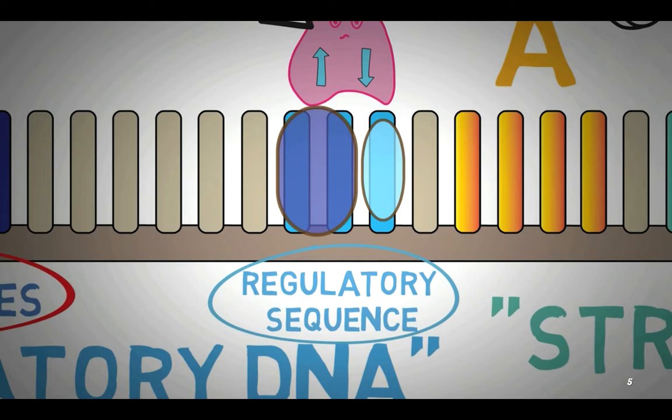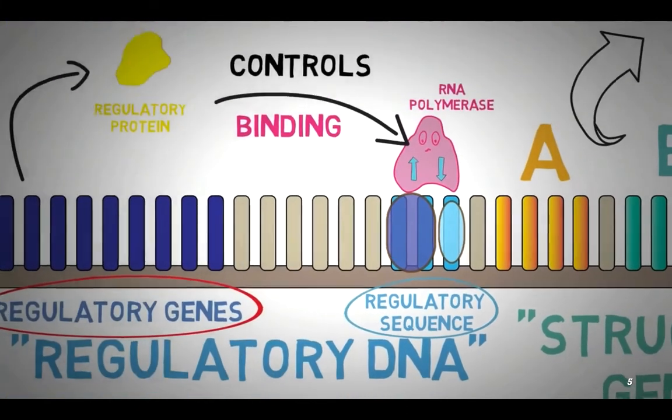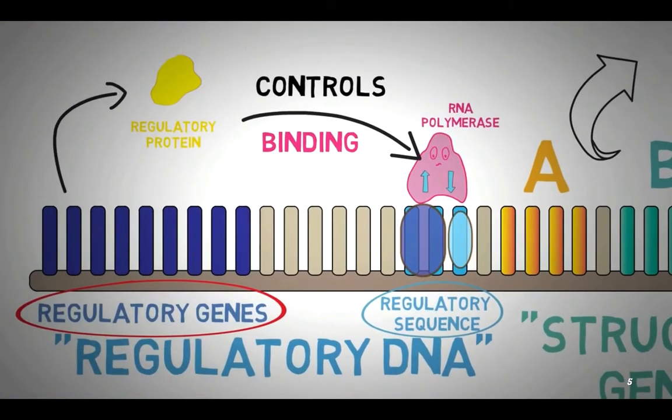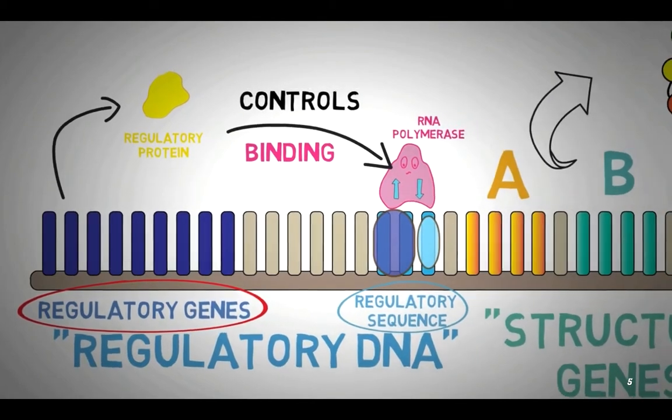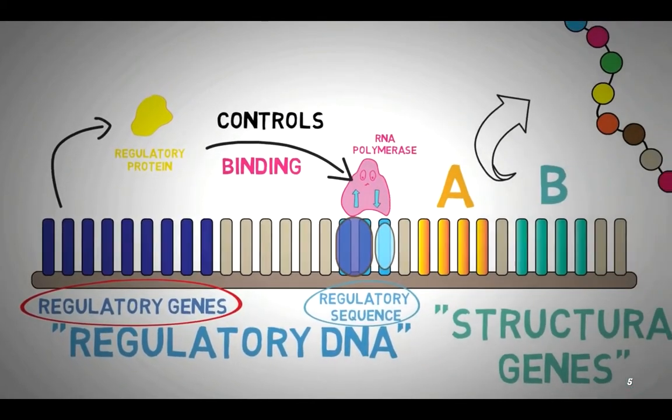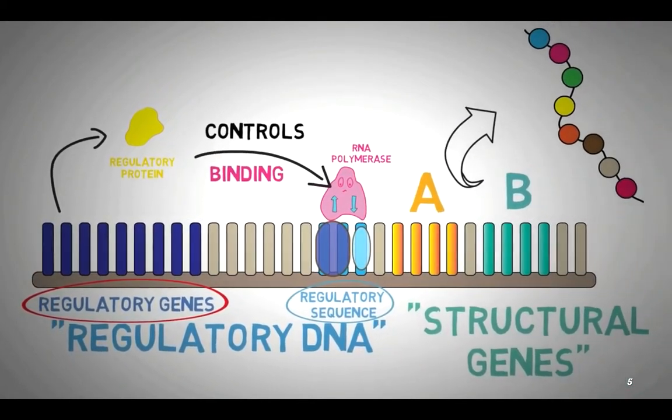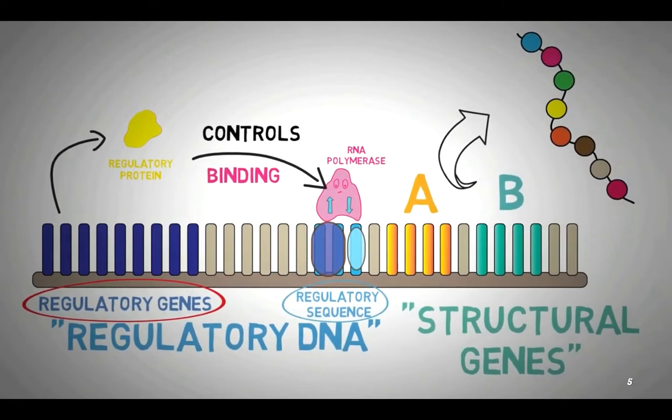But you can just remember that depending upon whether the cell needs these proteins or not, the regulatory gene synthesizes a regulatory protein that can block or promote the binding of RNA polymerase to the regulatory sequence, and thus decrease or increase the synthesis of proteins from the structural genes. This is obviously different for different types of genes, but I hope I am able to make it clear.